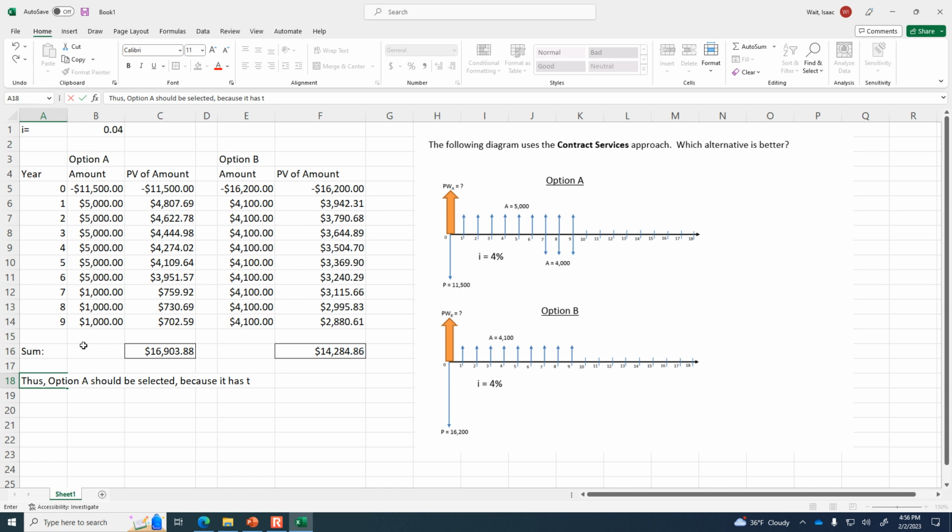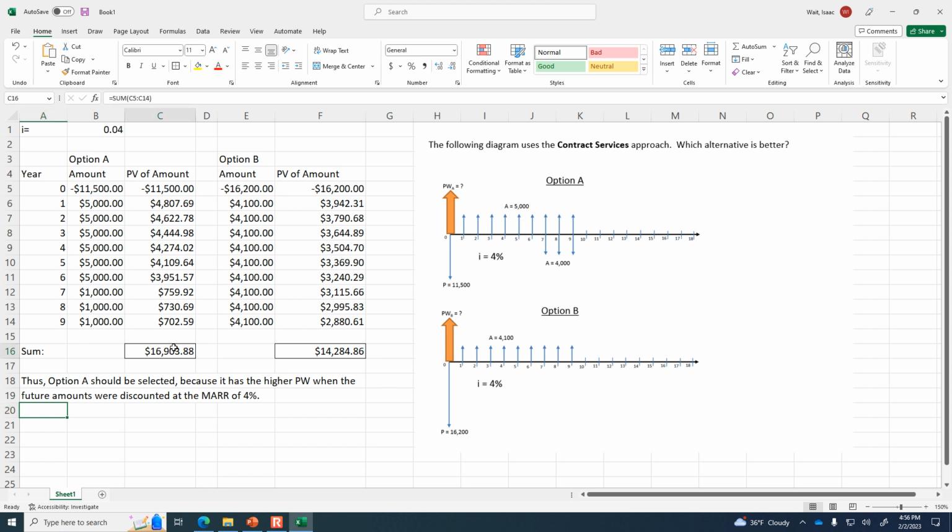Because it has the higher present worth when the future amounts were discounted at the MAR of 4%. So, to be complete, the answer has the calculations, the interpretation, and the decision criteria that was applied.